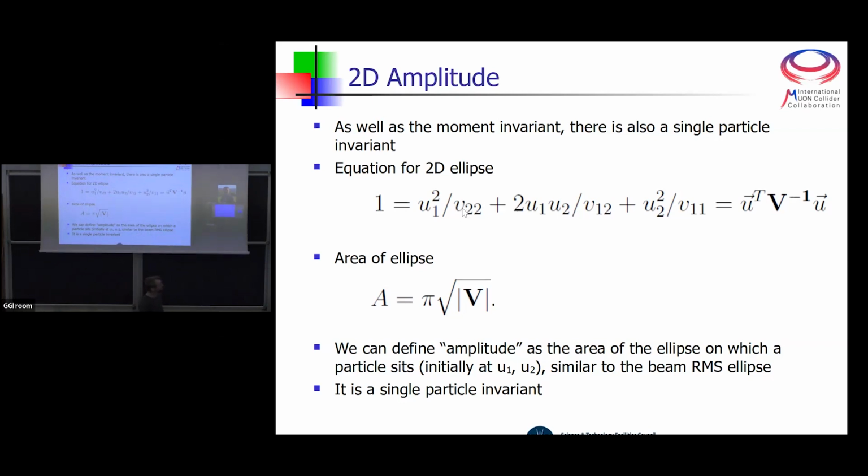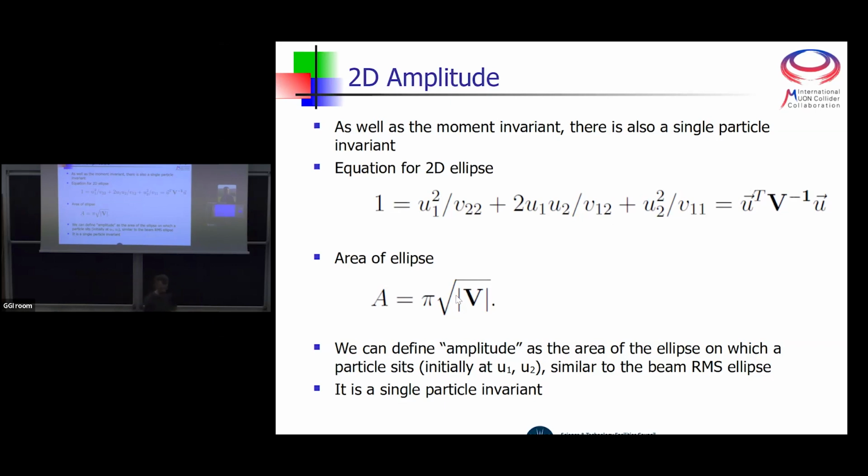So this is V, the covariance matrix elements V. So we can write that down as a 2D matrix equation. We can write that down as U vector transpose times V to the minus 1 times U vector. And this is actually the equation of an ellipse, and the area of that ellipse is pi square root V.